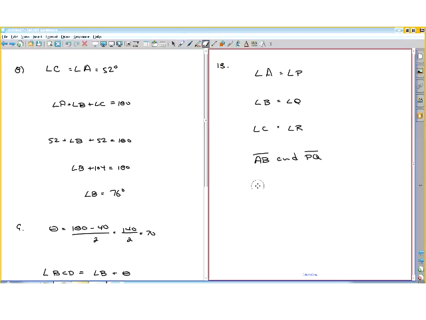Side BC in the left triangle corresponds to QR, and likewise AC in the big triangle corresponds with the line segment PR.